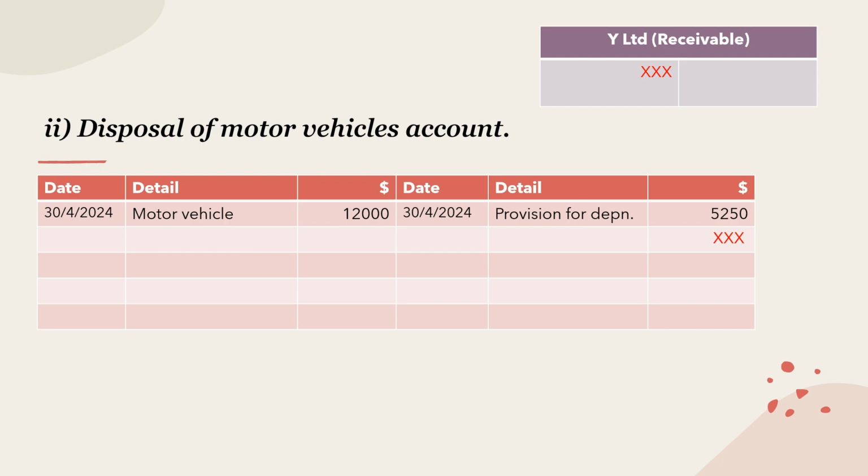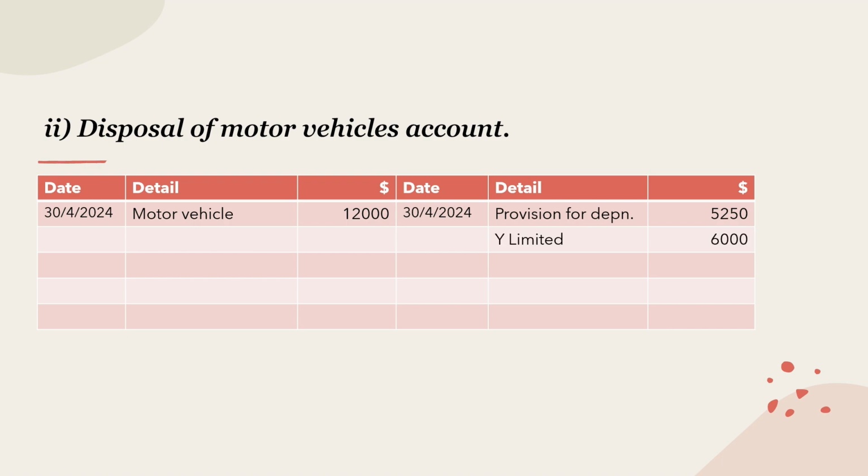So we credit it. Saying Y Limited, we will credit 6,000 because it's sold for 6,000. So we can add up both sides. If you take the debit side, there is a total of 12,000, whereas credit side, the total is going to be 11,250. So as you can see, the debit side is greater than the credit side.